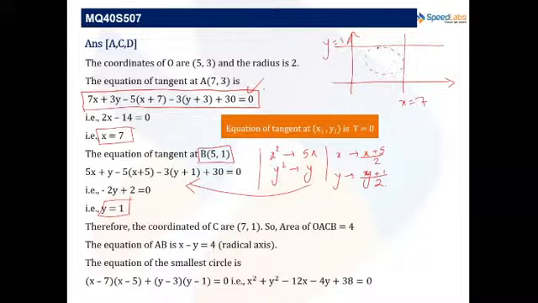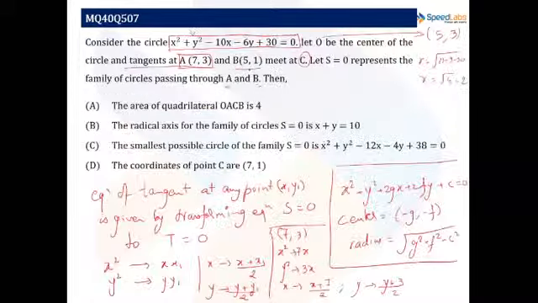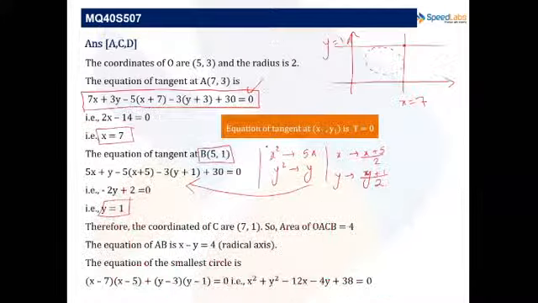These two intersect at this point, meeting at this point C. So let C be our coordinate, which is (7, 1). We need to find the area of O A C B.